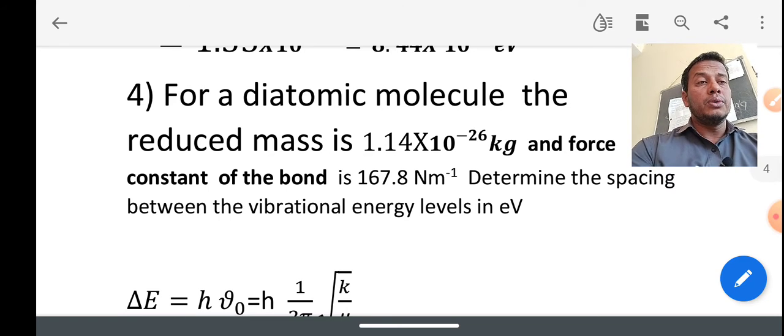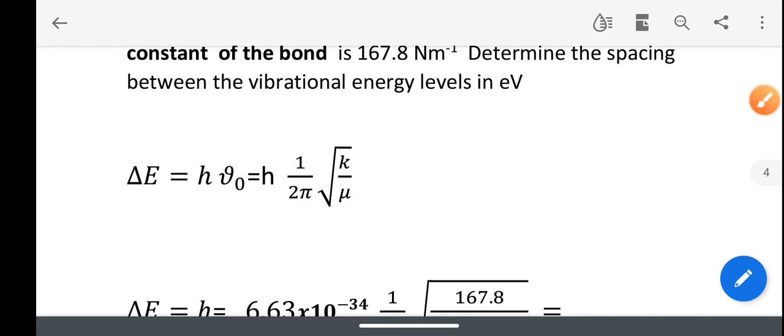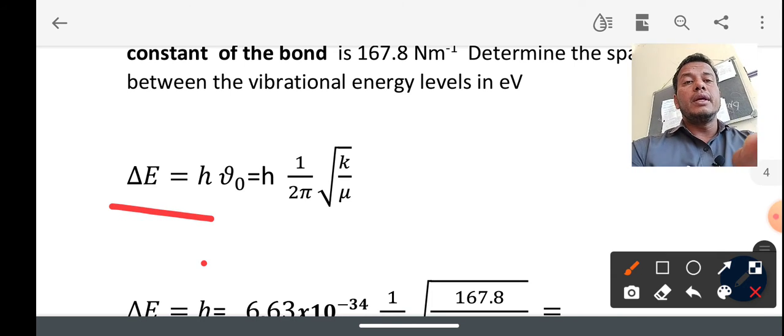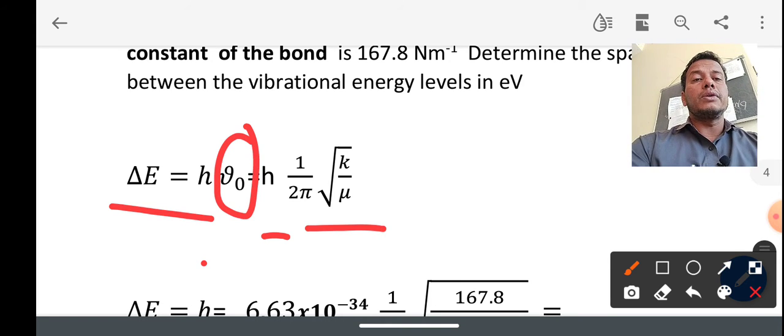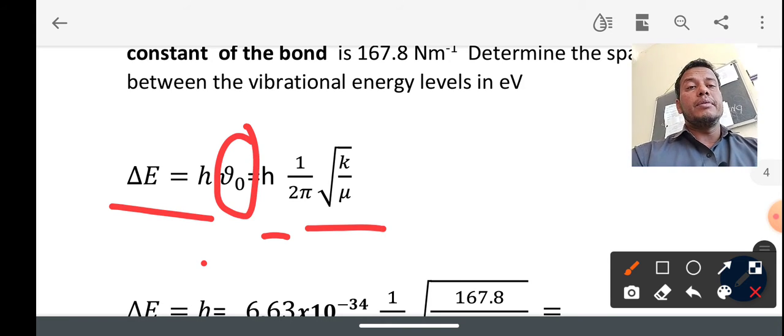So put these values in the equation, that is delta E is equal to h nu naught, and nu naught is 1 by 2 pi square root of k by mu.